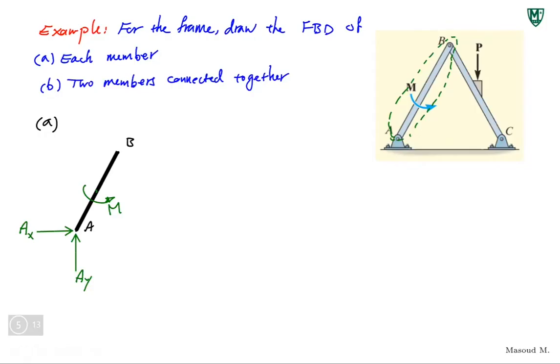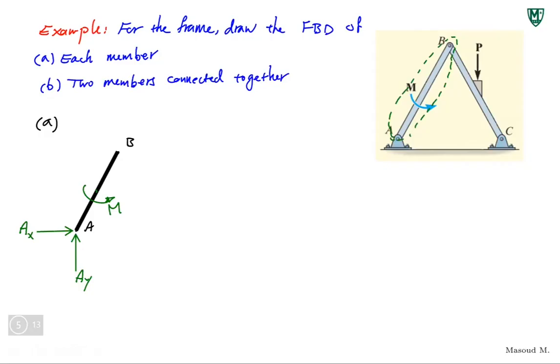I put the moment, which is external. Member AB is connected to member BC. So once we have a connection, I need to take into account some force applied to this member from BC because they're connected. If they're connected and this is a frame, definitely there will be some force between them. It's an internal force.